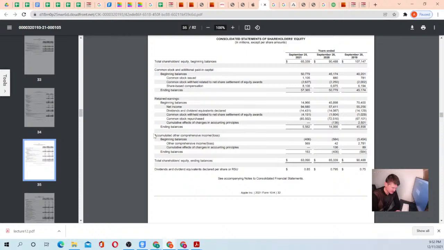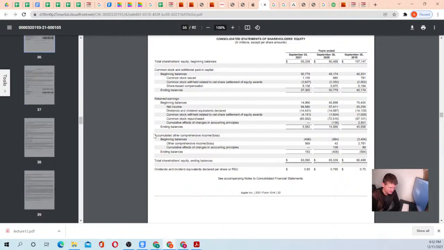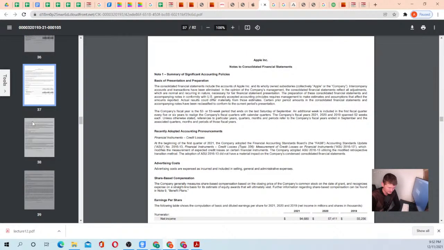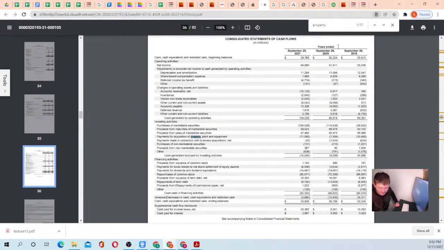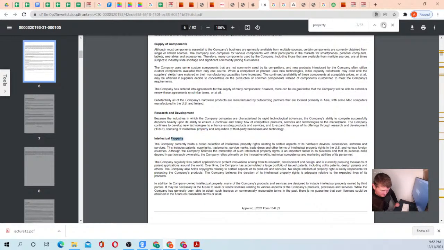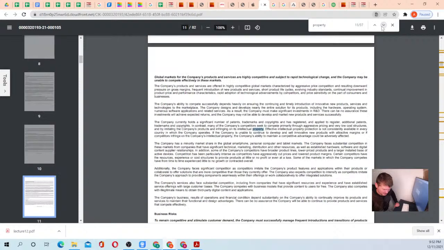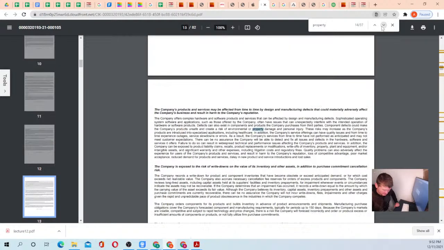Let's see if they say anything about their PP&E in their financials. Intellectual property. So they are probably heavy on intangible assets. Let's better try plant.